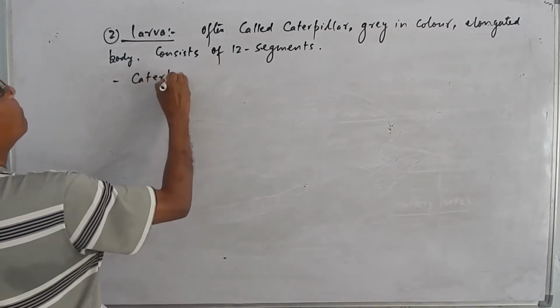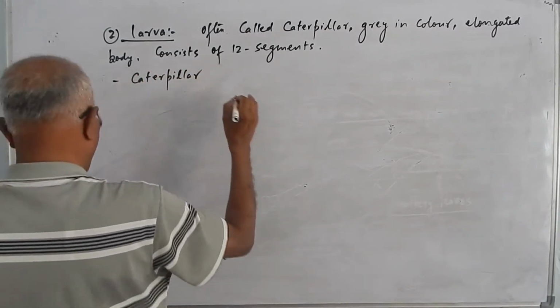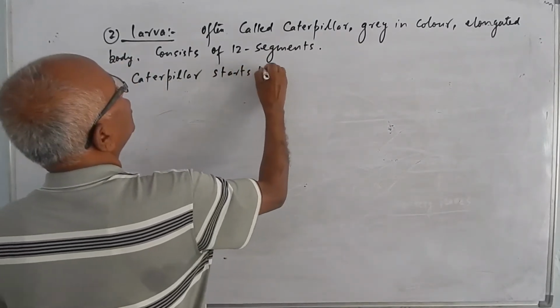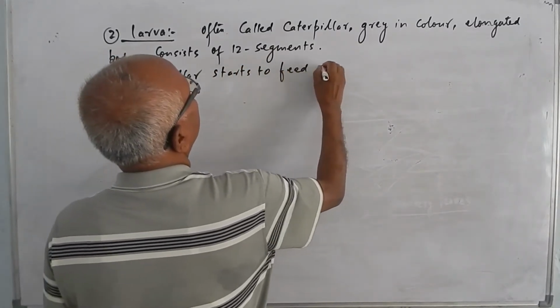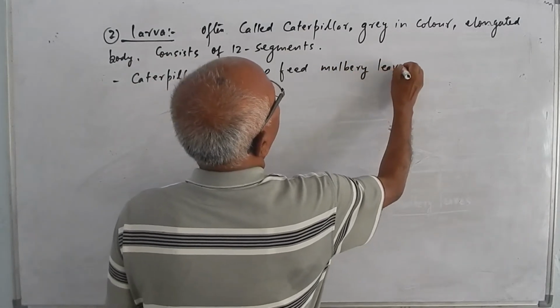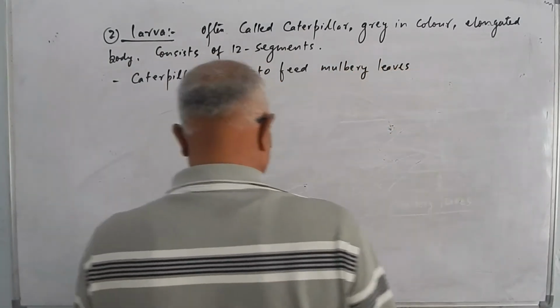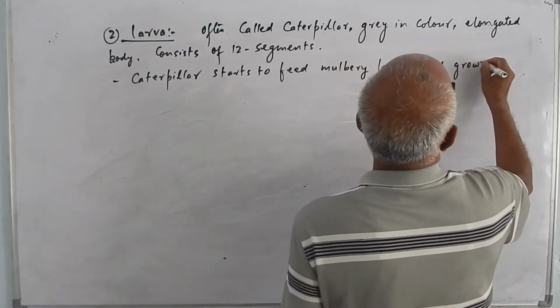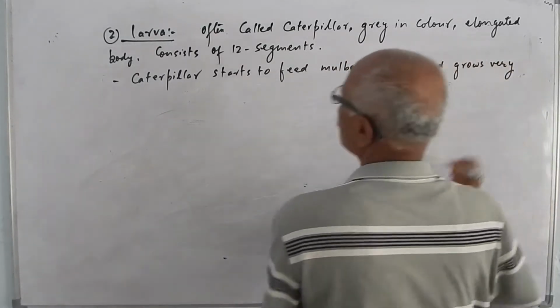The caterpillar starts to feed on mulberry leaves and grows very quickly.